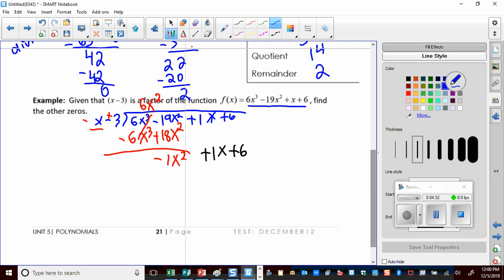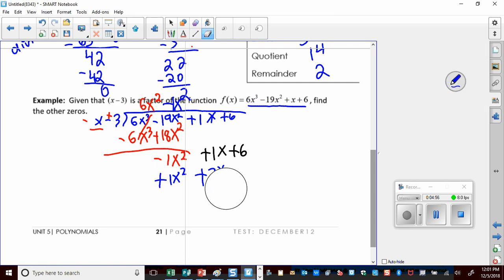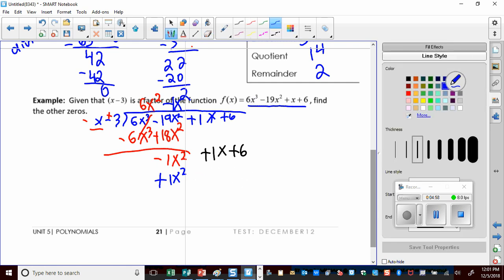All right? So I divide this term by x, and I get negative 1x. Now, negative 1x times x is a positive 1x squared. Okay, negative 1x times negative 3 is a positive 3x. Sorry, it's a negative 3x. Okay?